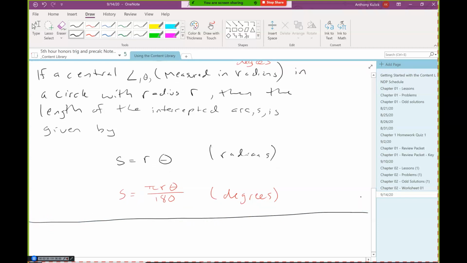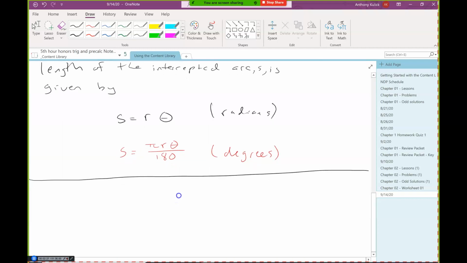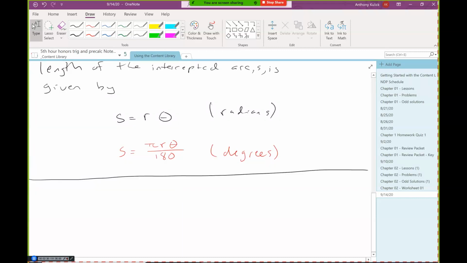So let's do a couple of quick examples to get used to using this little formula, and then we'll scoot on to something else.